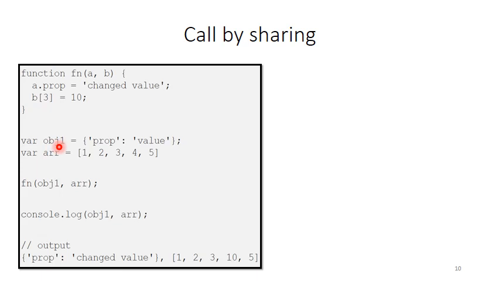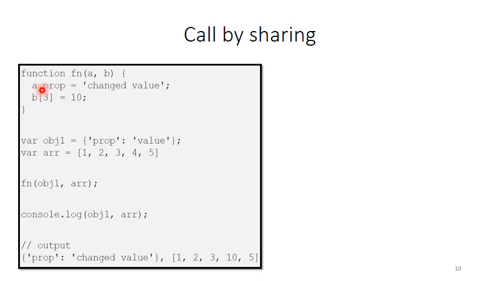So the object obj1 is assigned some value. Here it has a property. Properties of JavaScript objects are the values assigned to them. The initial value is value. Then we have an array which contains values 1, 2, 3, 4 and 5. Then we are making a call to fn. We are passing object obj1 and the array as the actual parameters.